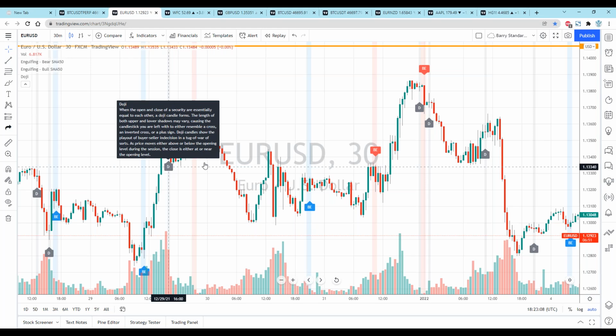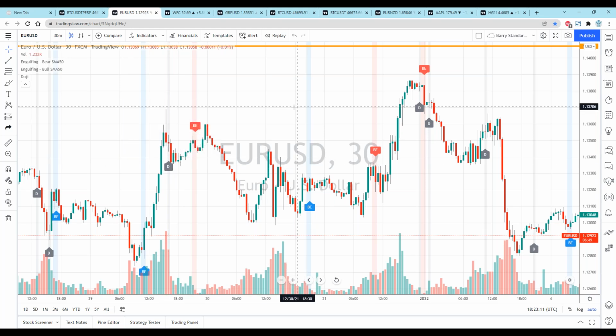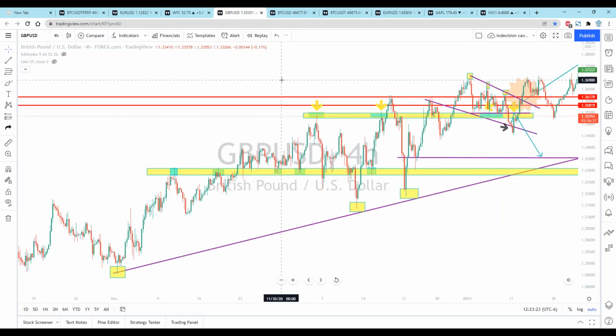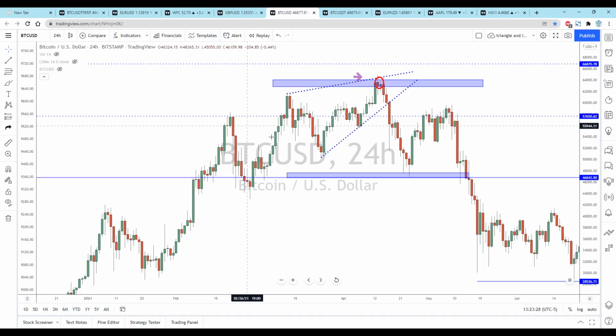That tells you something's about to happen. But it doesn't guarantee it's going to happen, and it doesn't tell you exactly what to do. Candlesticks can be used in many ways, in many setups, to give you exact understandings of what the market is about to tell you. But it's how you look at these candles.